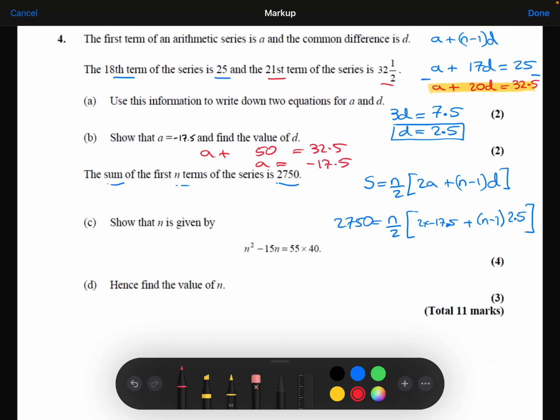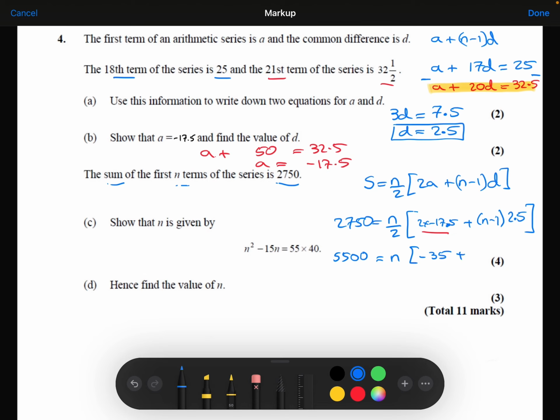Right, I'm going to times both sides by 2 to get rid of this fraction. So 2,750 times 2 is 5,500. Let's tidy up the inside of this bracket. The 2 times the minus 17.5 is minus 35.